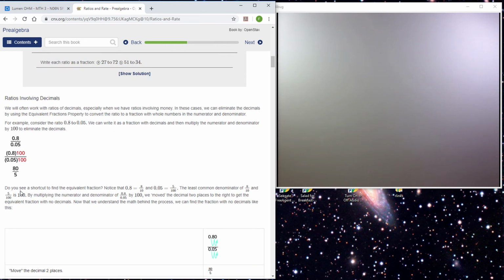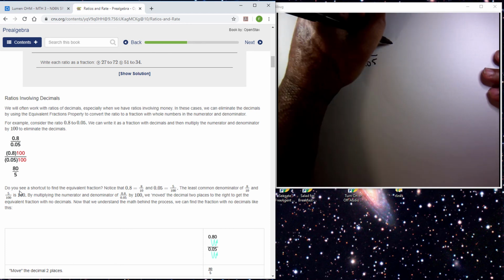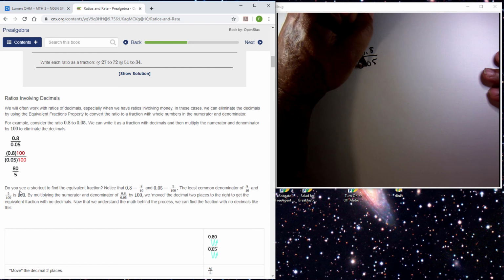Now, someone might ask, what really happened here in this case? Well, in this particular problem, we have 0.8 divided by 0.05. Now, notice this denominator goes out to the hundredths place.